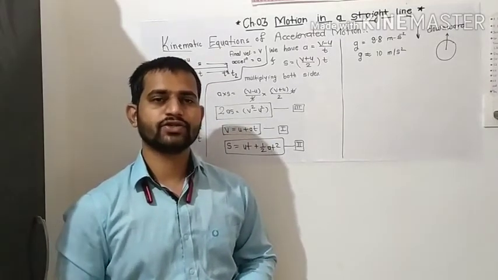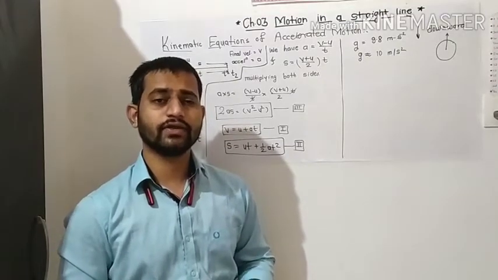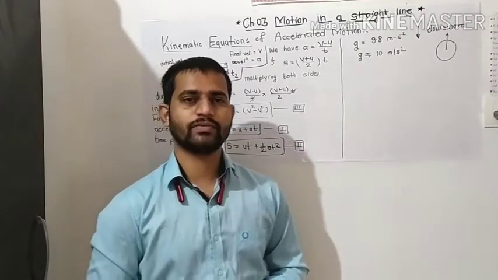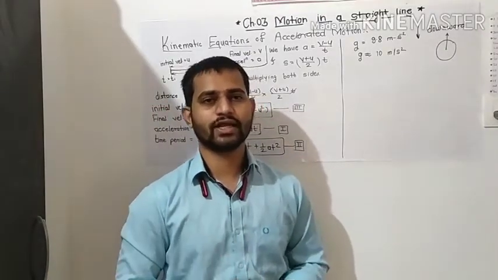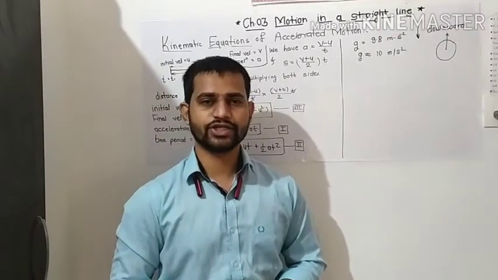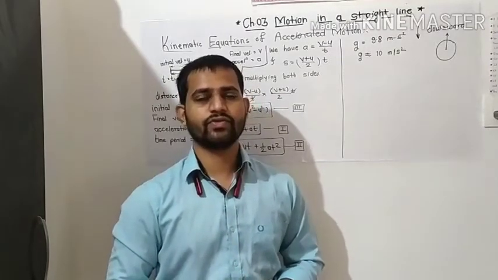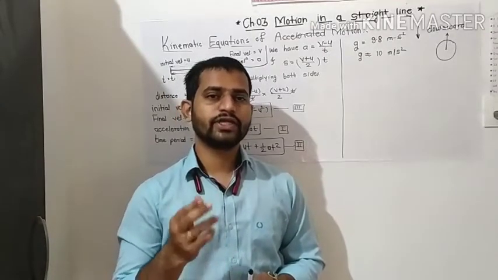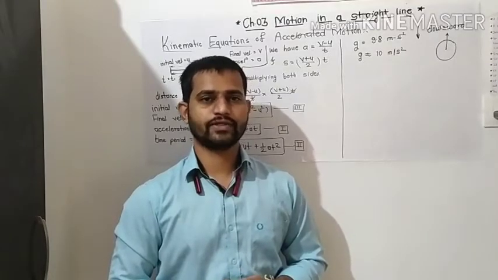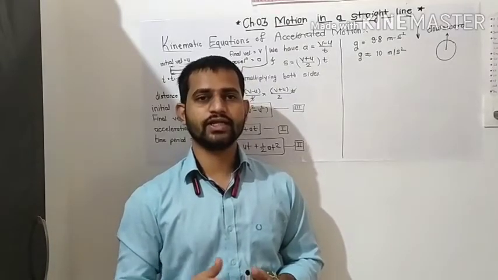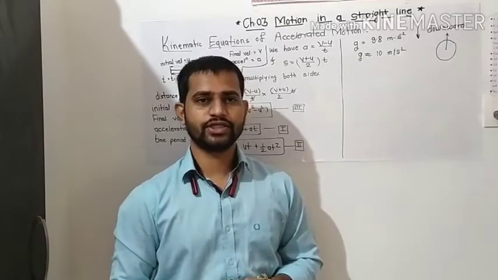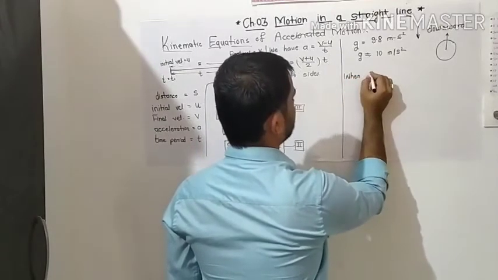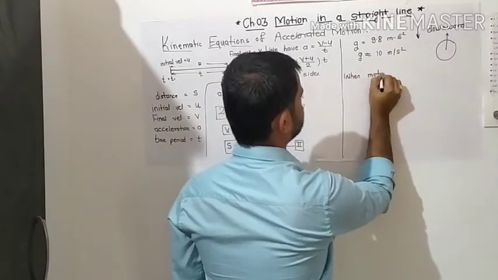Suppose in any motion, an object is thrown vertically upward. If there is a sentence in the problem that the object is thrown vertically upward, then instead of acceleration we have to use the acceleration due to gravity, because we are acting in the opposite direction to the gravitational force. We have to consider a = −g when motion is in the upward direction.